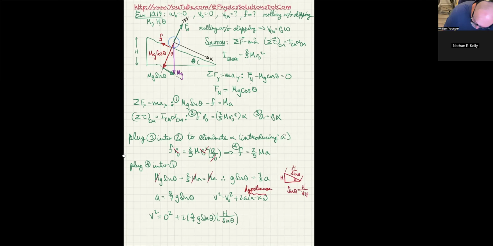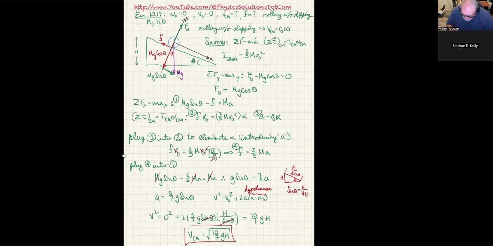And you see now that the sine theta in the denominator cancels out with the sine theta in the numerator. And you end up getting, in fact, the right-hand side is just equal to 2 times 5 is 10/7 times g times h. And therefore, V, the V of the center of mass, is equal to the square root of 10/7 g times h. And that was the result we were trying to get.